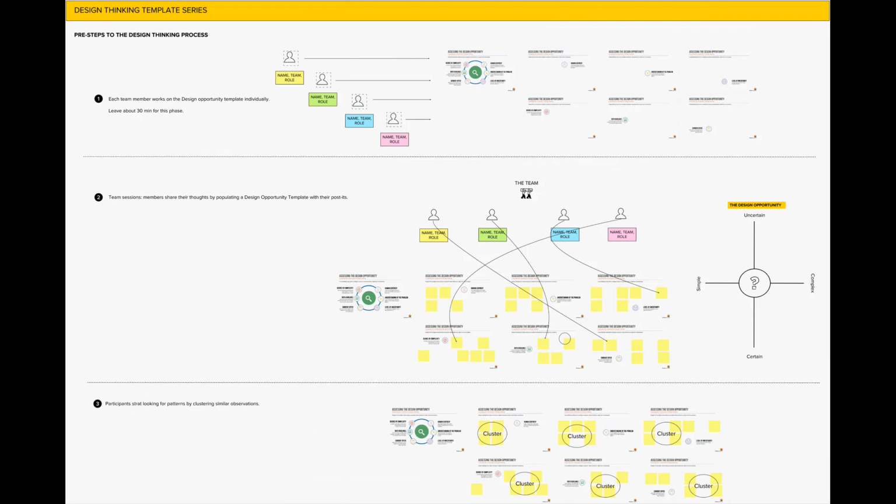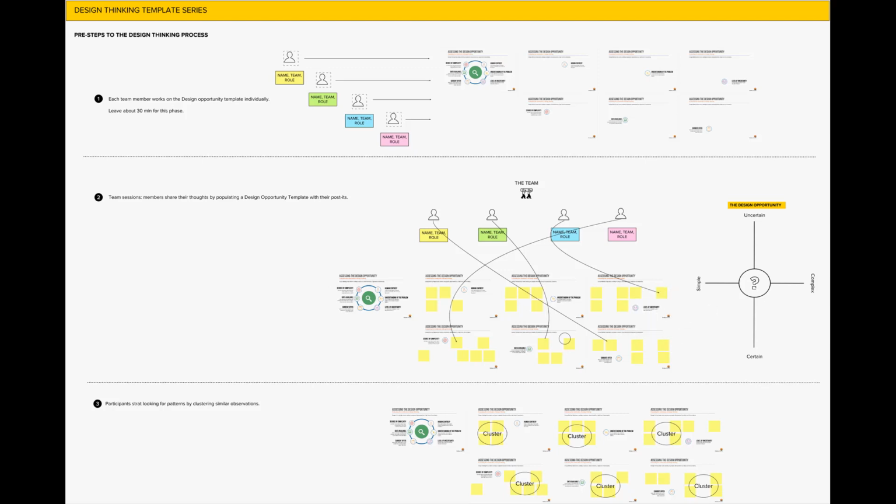You and your team get started to write down your observations firstly individually, and just leave about 20 to 30 minutes for this part. After that, you schedule a meeting where every member shares his or her observations with the rest of the team. How to proceed?